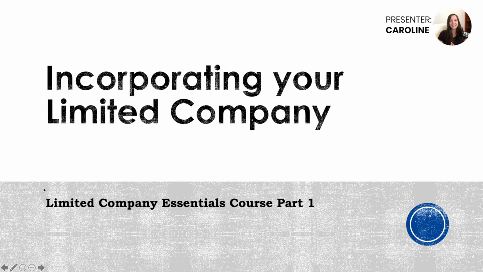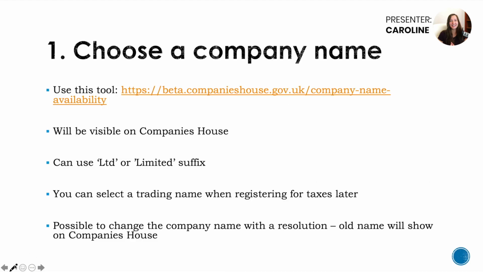We are in my computer and we're talking about, as you know, incorporating your limited company. And this is part of our Essentials course for limited companies. Okay, number 1. The first step in incorporating your company is to choose a company name.